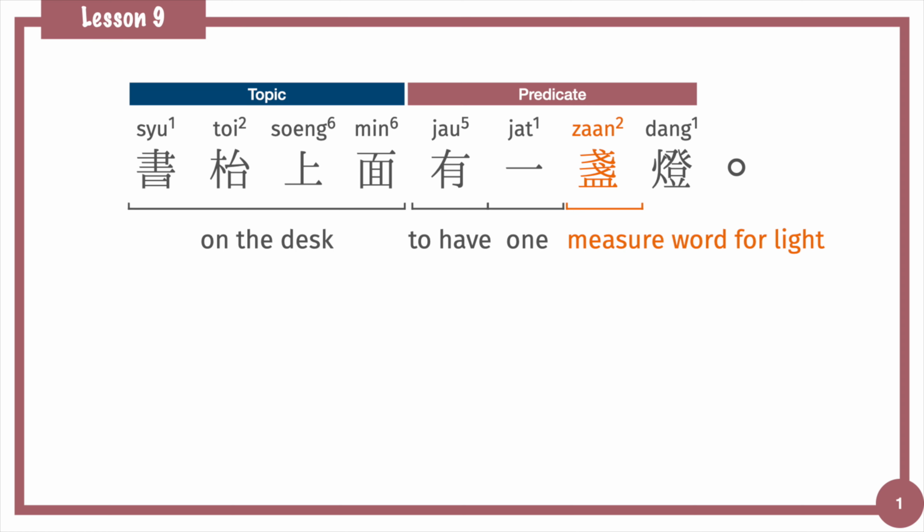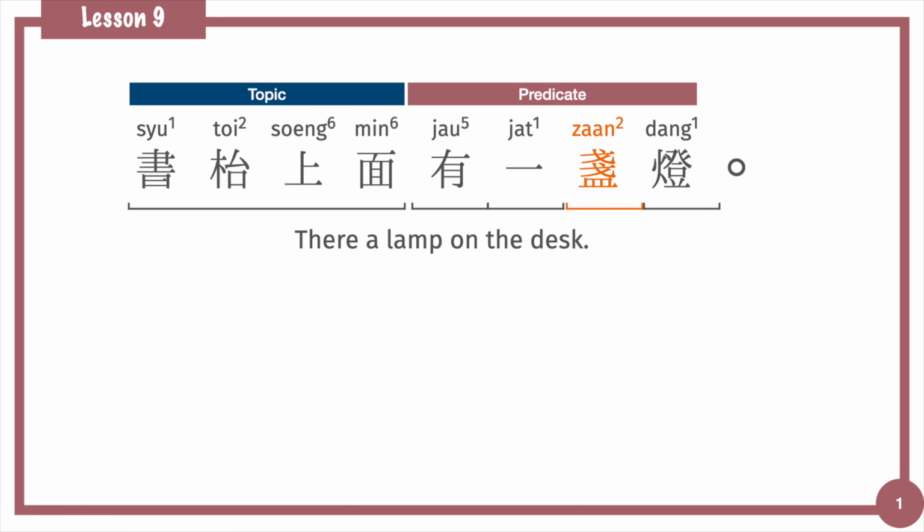In ancient China, people used a 盞 to hold oil and a wick. Lighting the wick could produce a flame for illumination. This was the traditional oil lamp. Today, we still use 盞 as the measure word for lights and lamps. And 燈 is light. 書枱上面有一盞燈. There's a lamp on the desk.